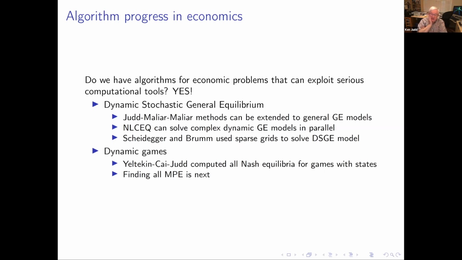This is a separate technology that I did not mention at all in class, but Scheidegger is an expert on using it. I actually heard first about sparse grids from a guy who essentially became my student, Thomas Mertens. And this was back in 2005. This tells you how long some of these things take.